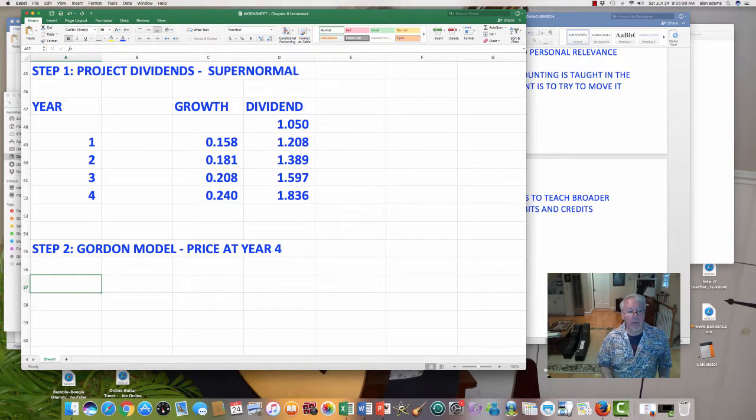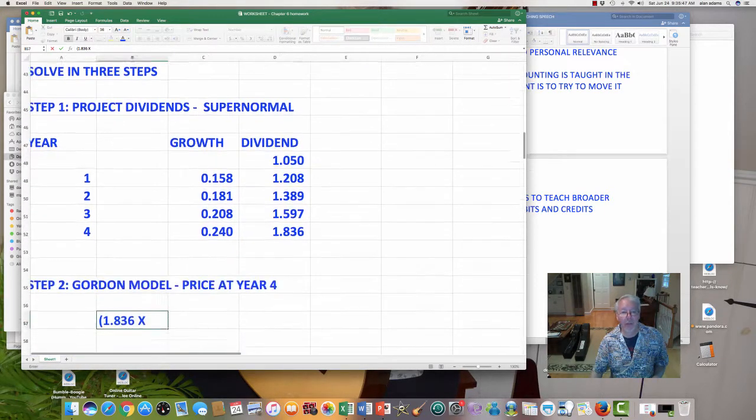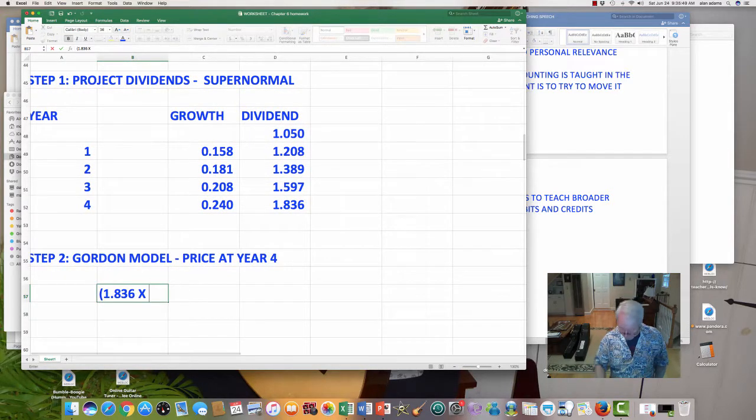So that means I'm going to take $1.836. Now my dividends have normalized, and they've normalized to a rate of 3%. I'm going to grow it at 1.03. All right, 3% plus the original amount, 103%. Right out of Gordon, right out of problem number 8, okay?